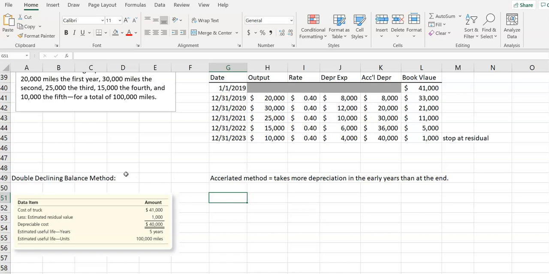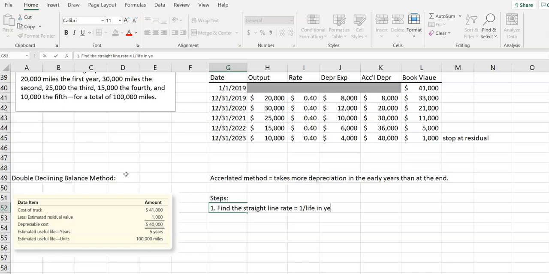Okay, so there are a couple of steps that we have to do. Step 1, find the straight line rate. The straight line rate is 1 over the life in years.